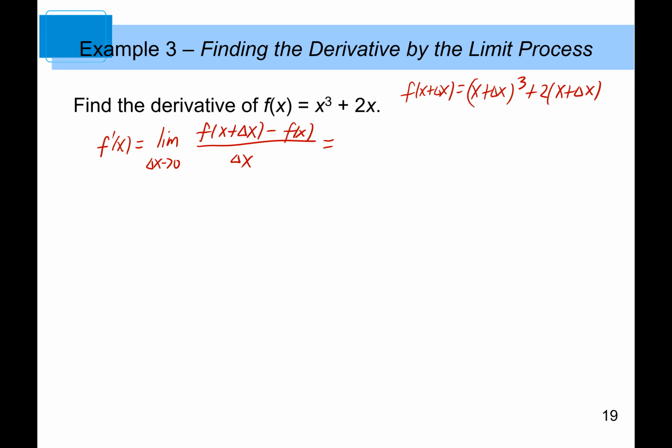Basically, just replace x with x plus delta x. That's why we have that.